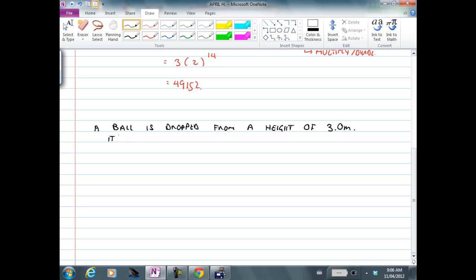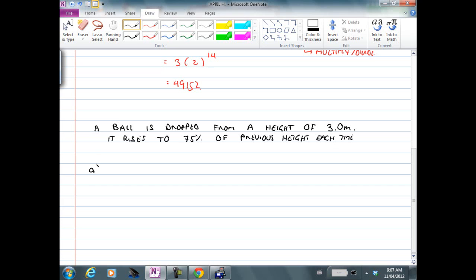It rises to 75% of the previous height each time. Okay. So a ball is dropped from a height of 3 meters. It rises to 75% of the previous height each time. I'm going to ask you a few questions.